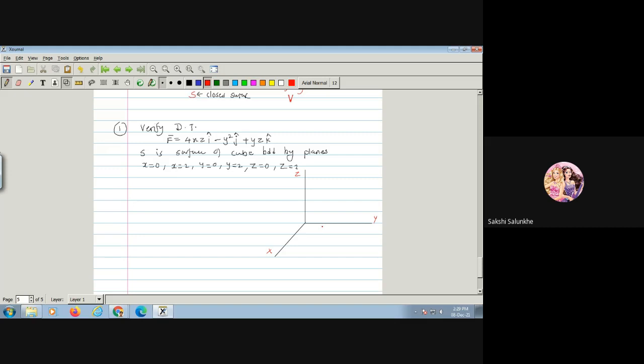X equal to 0 means YZ plane. Then x equal to 2 is a plane parallel to YZ at 2. Suppose that will be somewhere here, x equal to 2.